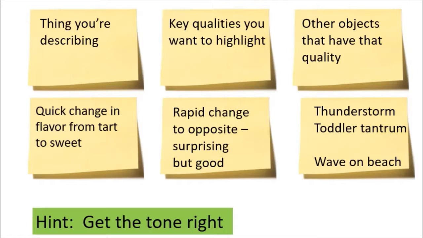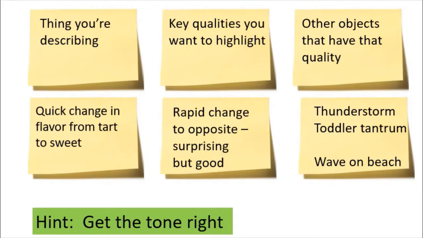So if I'm writing something about lemon lavender cupcakes, and I really want to emphasize the fact that when you bite into them, there's this really rapid change of flavor from really tart to really sweet. And so what I'm trying to describe is the quick change in flavor in my cupcake.